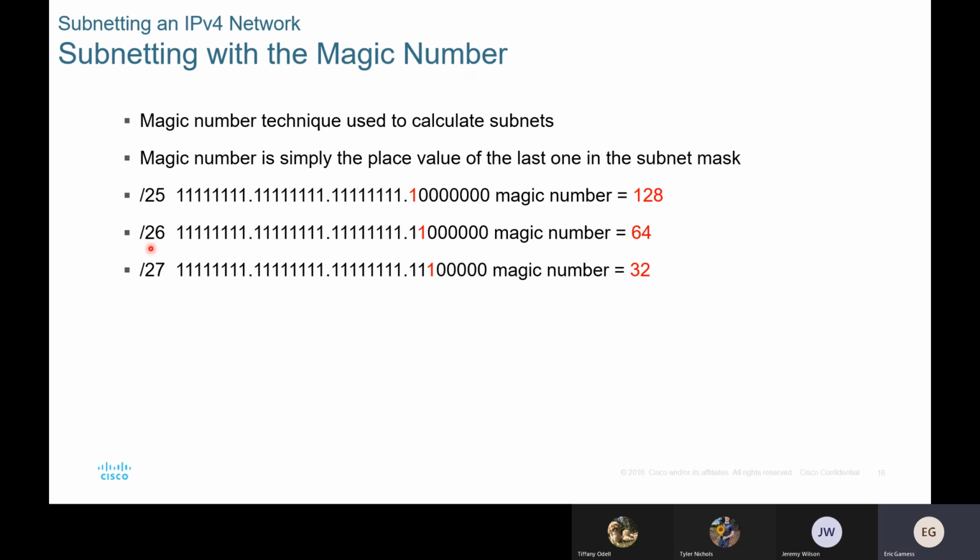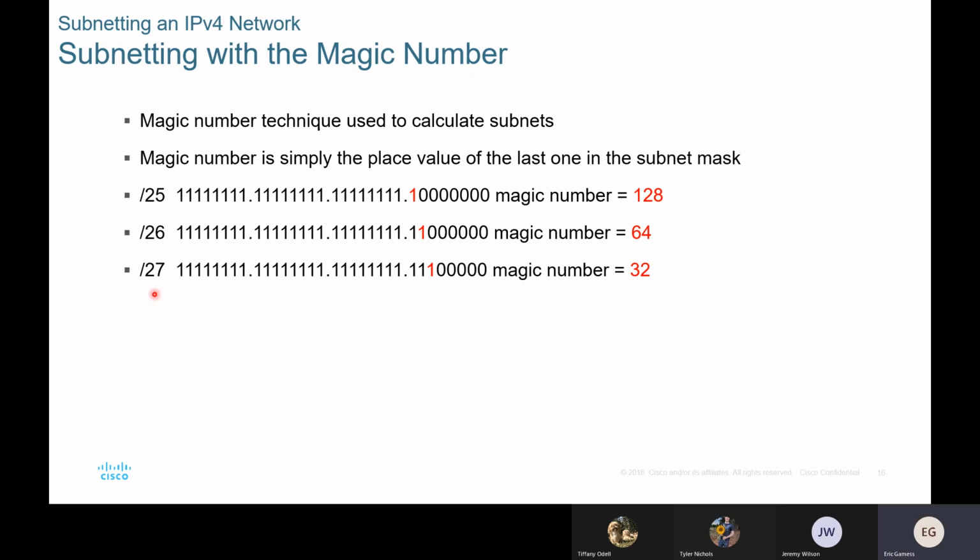Let's say that we have this mask, /26. /26 is 26 ones. 8 plus 8 plus 8 plus 2. The last one is this one. Its value is 64. So the magic number will be 64, and it is in the 4th byte.